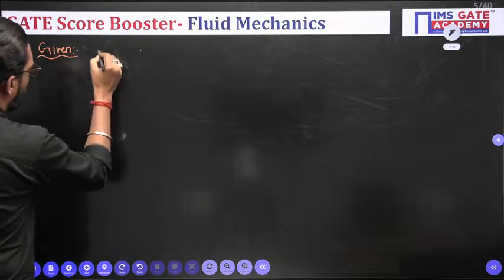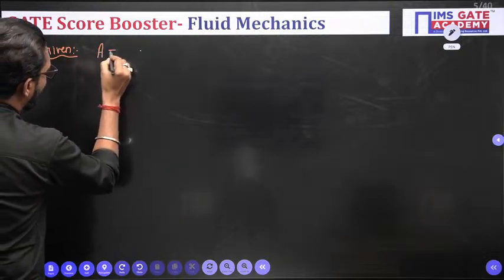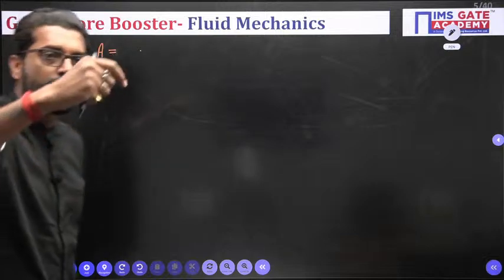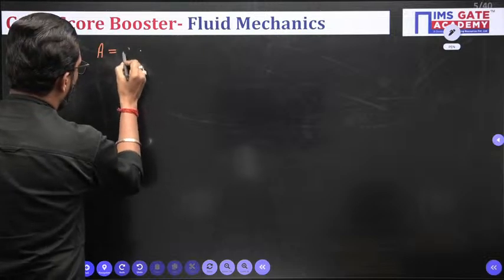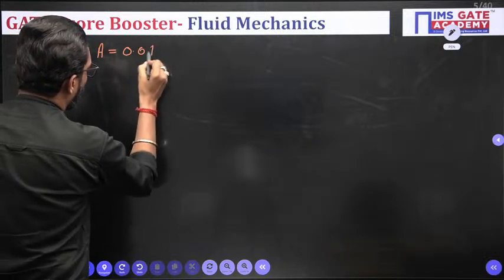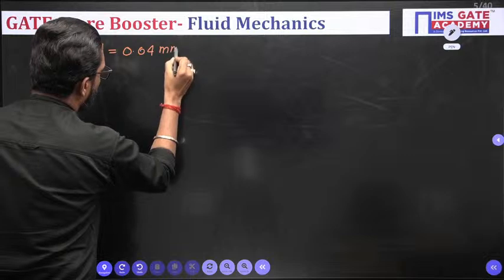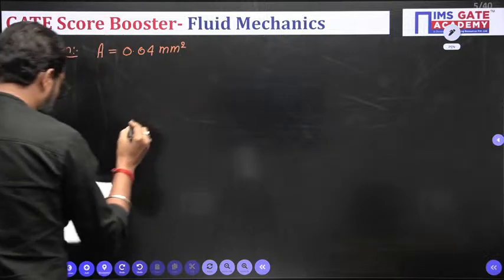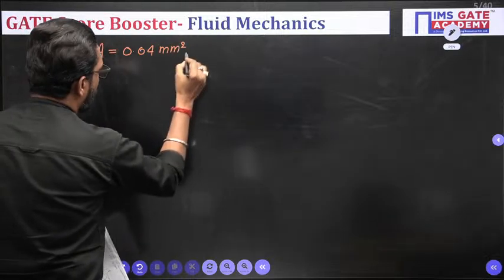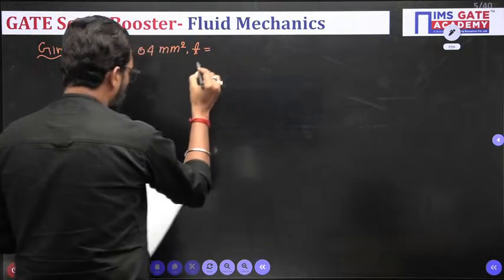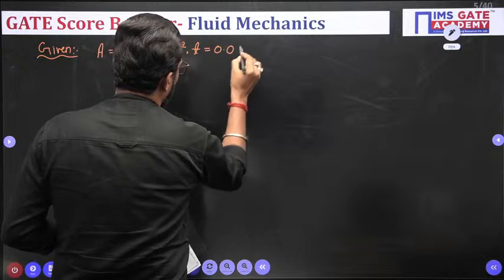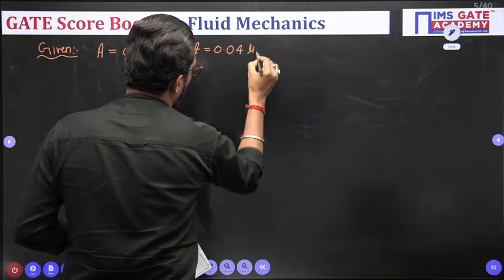What is given here? Area, that means the contacting area, the area of the needle. The area of the needle is given as 0.04 mm square. And the gap, that means the thickness in between the gap. Let's suppose the gap is very small, 0.04 micron.